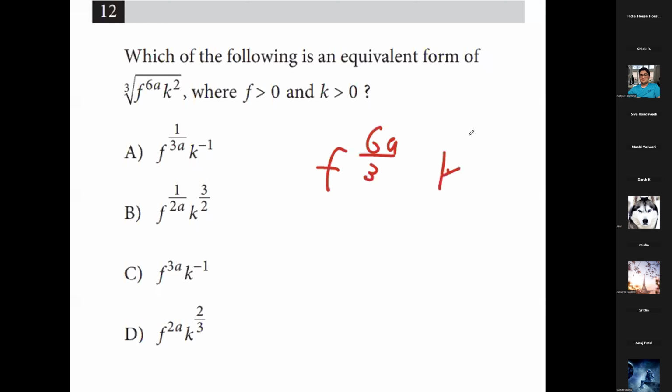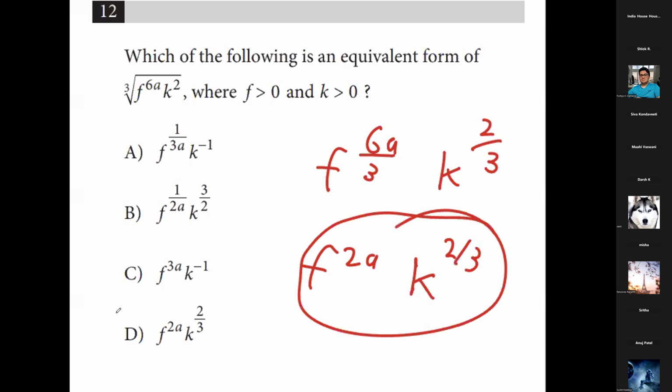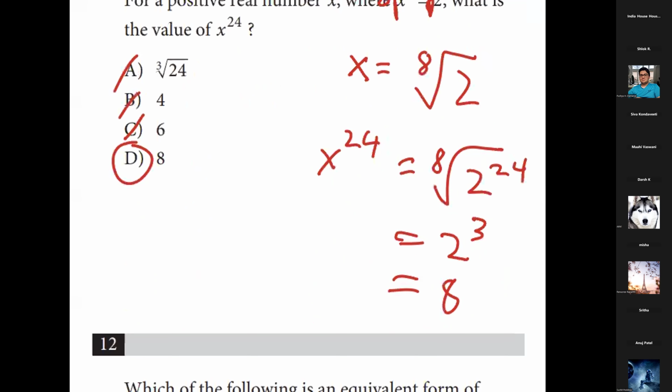And then k squared, we're just dividing by 3 in order to get rid of this cube root. So 6a over 3 is just 2a, and then k to the 2/3 is still k to the 2/3. So this is the correct answer, which is answer choice D. Okay, question 13.